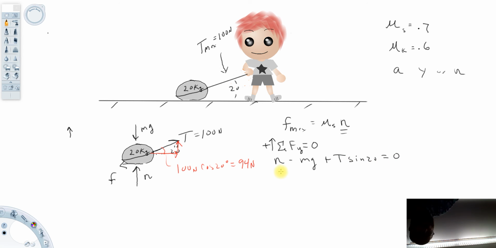This sum is equal to 0. And now what we can do is solve this for the normal by adding the mg and subtracting the T sine 20. I'm going to go ahead and just do that and not quite write it all out. And I get 1925 newtons.